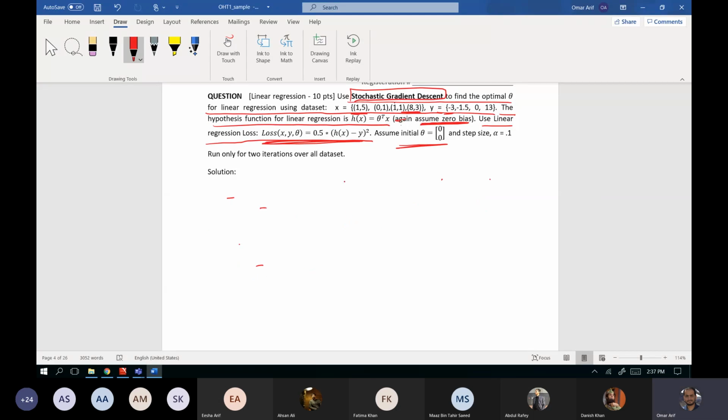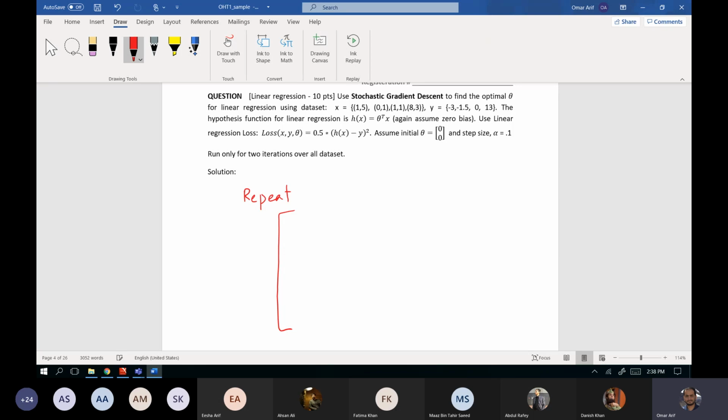First, let's write the stochastic gradient descent algorithm. The stochastic gradient descent algorithm is like this. I have to repeat this part until convergence, or I can specify, okay, repeat 10 times. In the question, it says repeat only for 2 iterations.